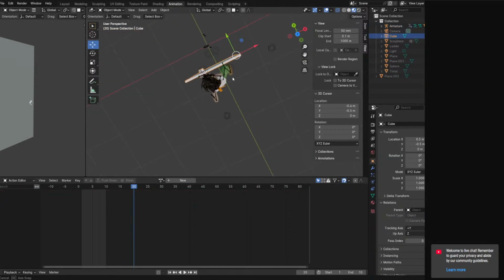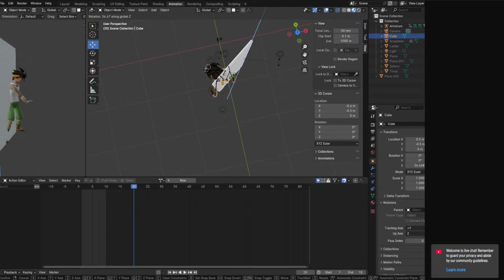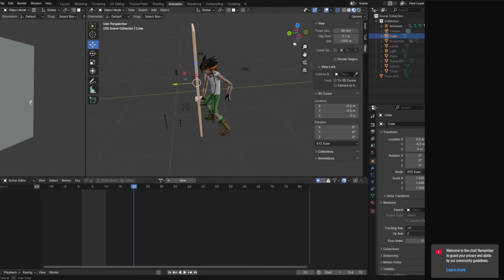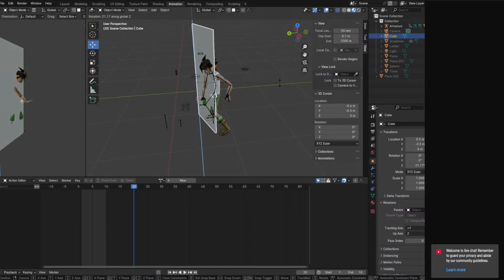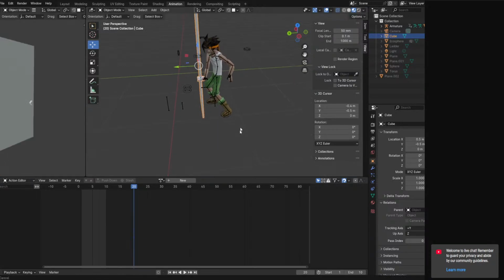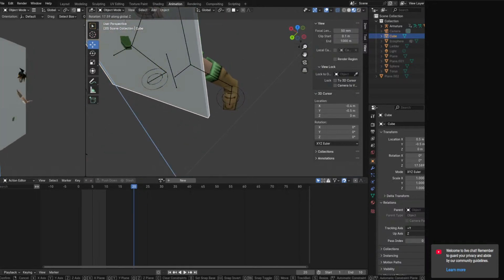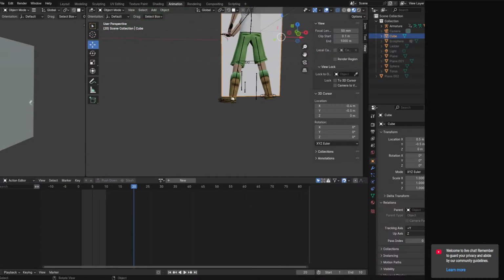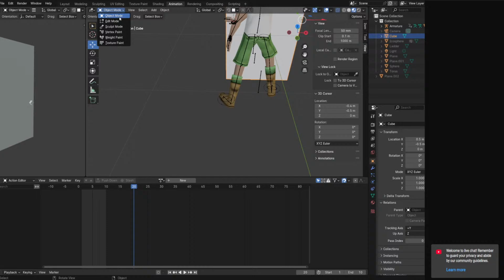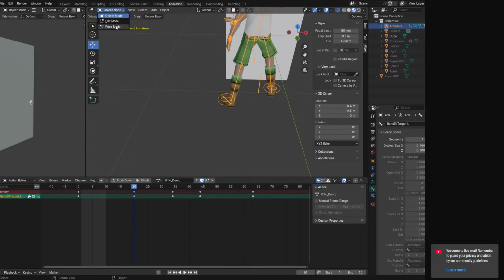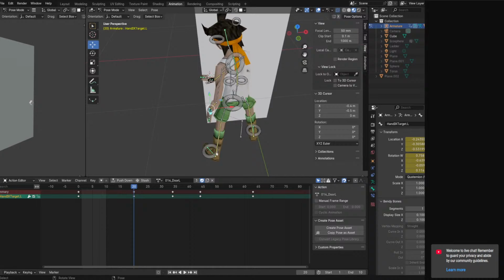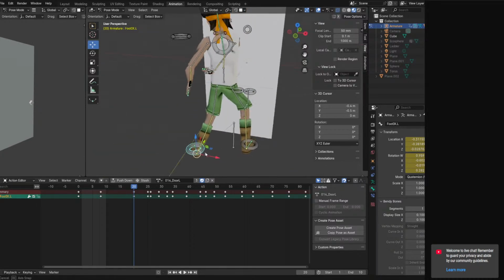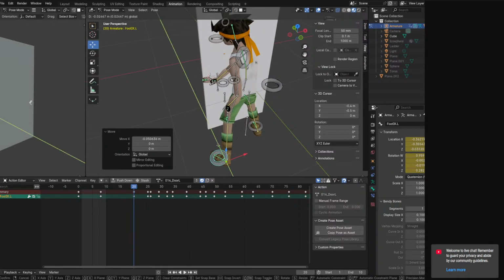Take a look and see how the door is going to rotate. How's his foot? How's his left foot? Good? Okay. Just making sure. Just a little bit more.